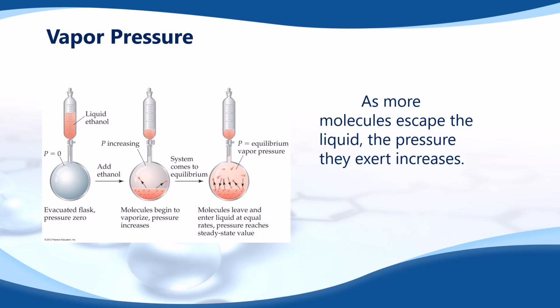Right, so as more molecules escape, the pressure increases. Eventually you'll hit an equilibrium where the number of molecules that escape is equal to the number of molecules that lose enough energy to drop back into the liquid, and you'll have a fairly steady vapor pressure at that point.